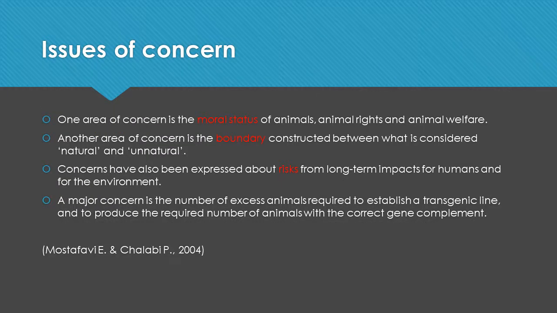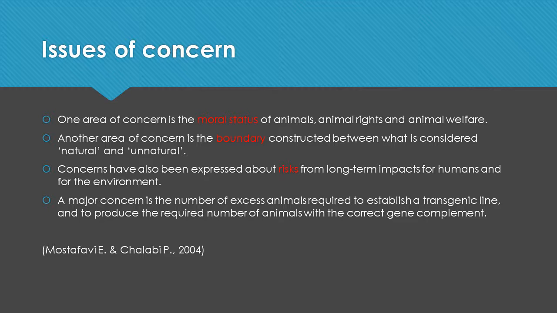However, of course, there are several issues of concern from the development of transgenic animals. One area of concern is the moral status of the animals, animal rights, and animal welfare. Another area of concern is the boundary constructed between what is considered natural and unnatural.